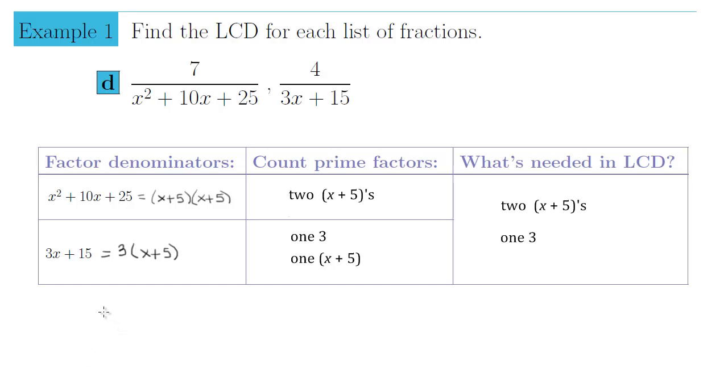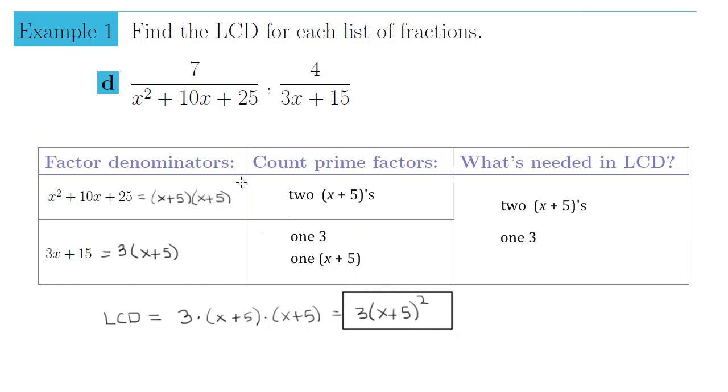That means our LCD, which is comprised of the objects in the third column, consists of two x plus 5s and one 3. So let me write the 3 first, 3 times x plus 5 times x plus 5. We can rewrite this simply as 3 times x plus 5 squared if you like. Or you can leave it like the former. This is our LCD for the polynomials that have denominators x squared plus 10x plus 25 and 3x plus 15.